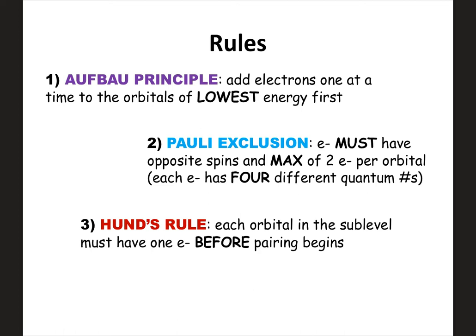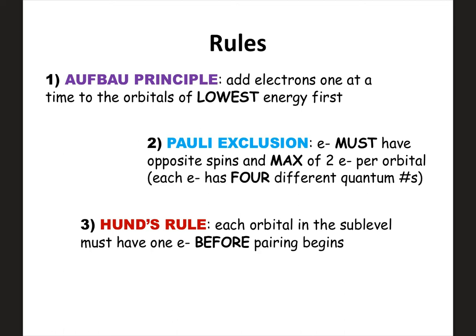Hund's rule says each orbital in the sublevel must have 1 electron before you would pair them up. I want to show you what this means. We represent orbitals with boxes.